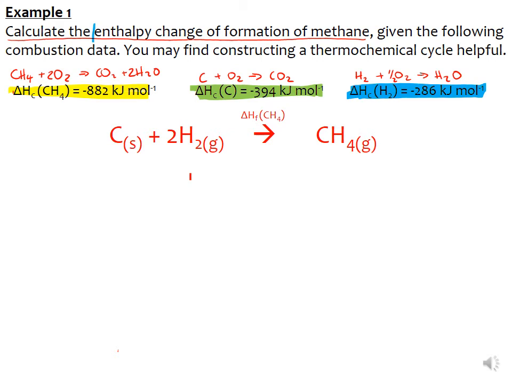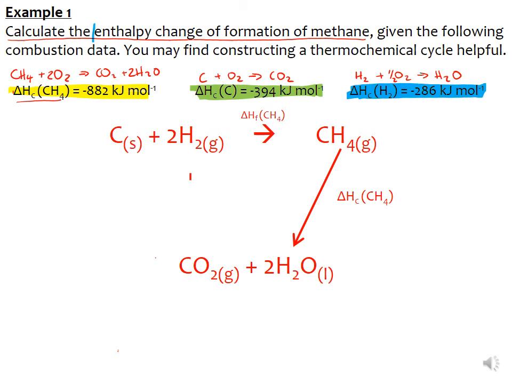In the same way as the rest of the thermochemical cycles that we've done, we need to link these together. The first thing I'm going to say is we've been given delta HC for methane. So I'm going to use that, and I'm going to add this to my cycle. Delta HC for methane would form carbon dioxide and water. So I've got here CO2 and 2H2O.